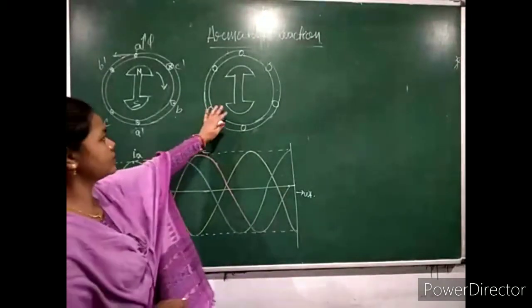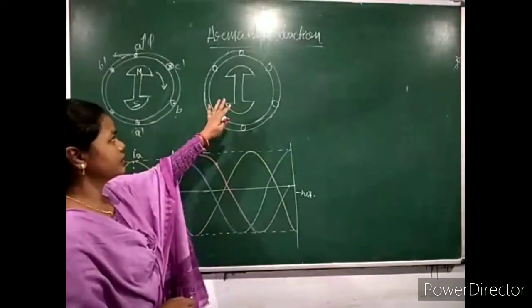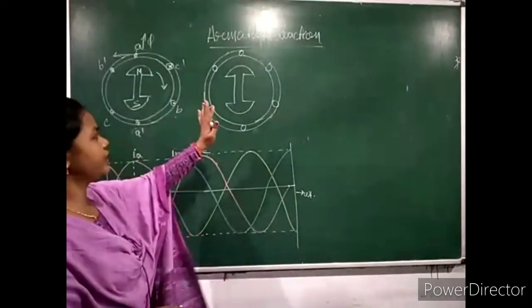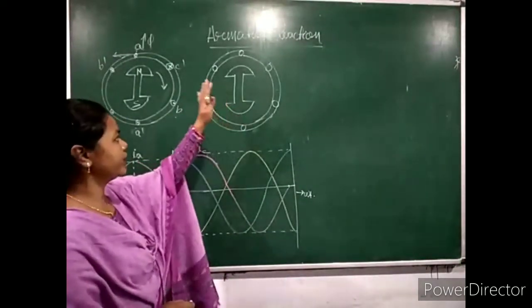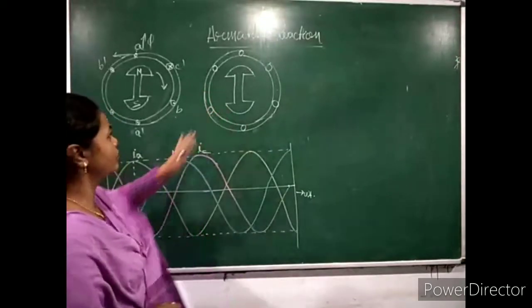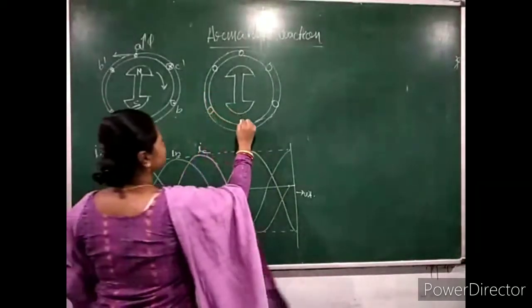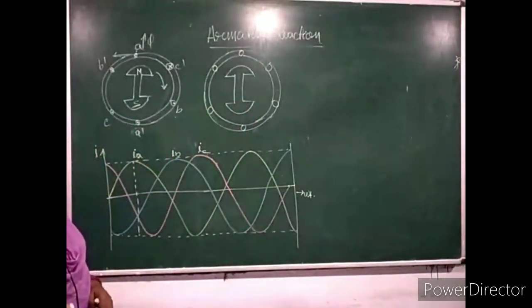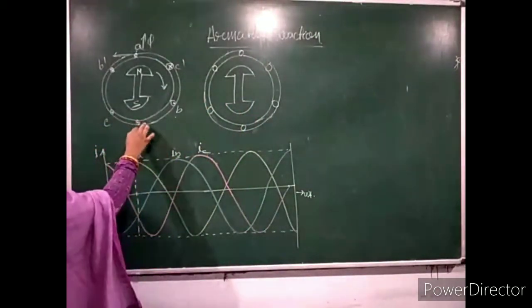If you magnetize the field winding, then the armature conductor creates flux which flows in the air gap, whose direction is given by the right hand curl rule. Here what is the direction of flux?